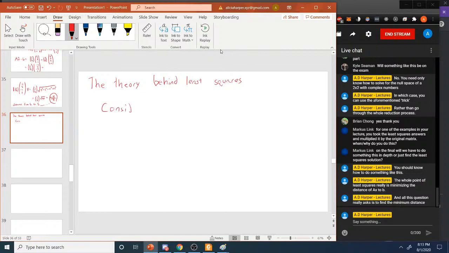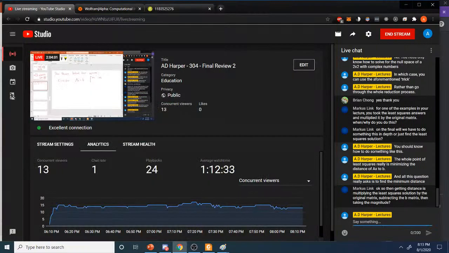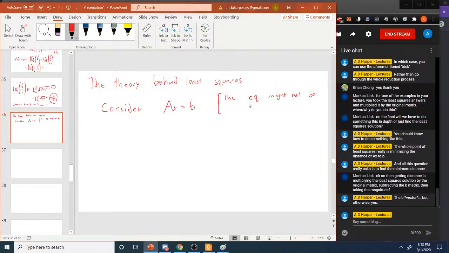Consider AX equals B. The equation might not be solvable, which is fine.